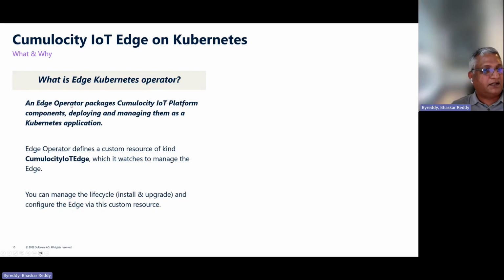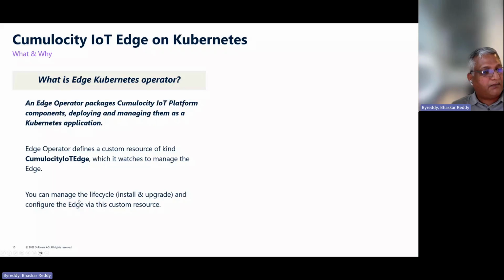As any operator, the Edge operator packages the Cumulocity IoT platform components, allowing the users to deploy and manage them as a Kubernetes application. As I said, the Edge operator defines a custom resource called Cumulocity IoT Edge. The operator watches that custom resource and manages the Edge state accordingly.